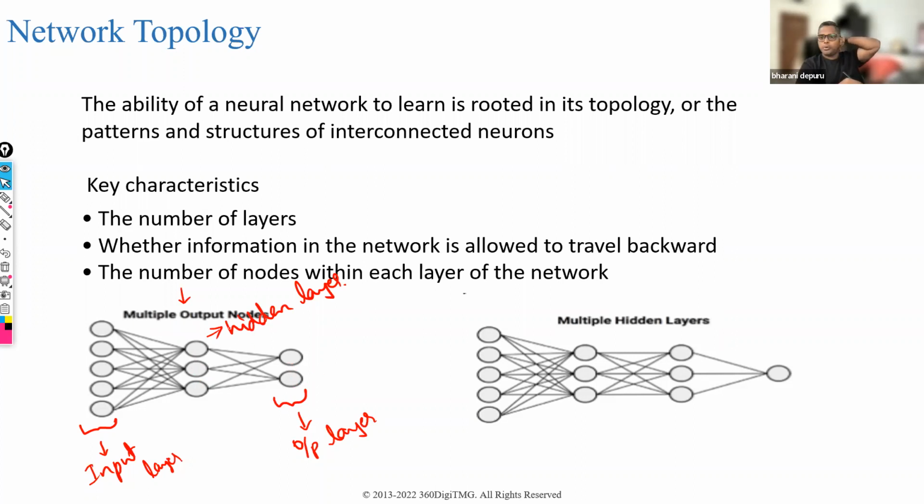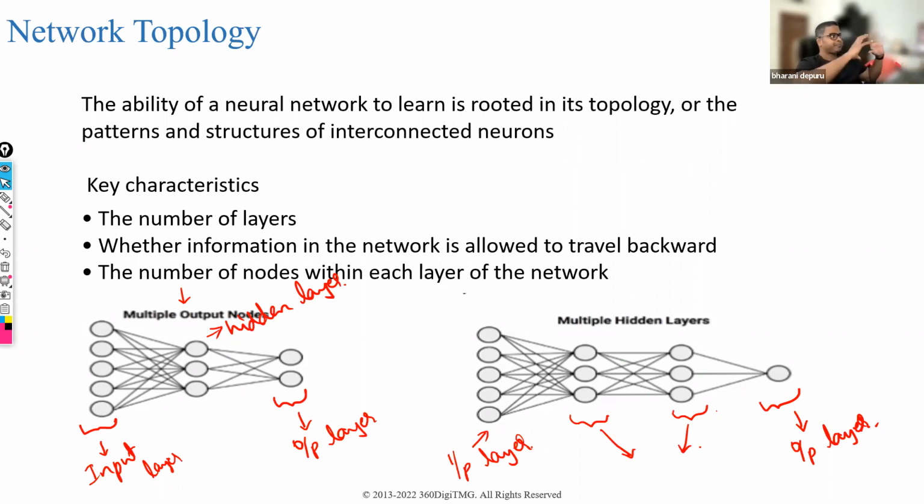Here you have multiple output nodes. And here you have multiple hidden layers. So you have your input layer. You have 2 hidden layers, hidden layer 1 and hidden layer 2. Each of the hidden layers have 3 neurons each. And then you have your output layer. So the network topologies might vary. You might have different network topologies.